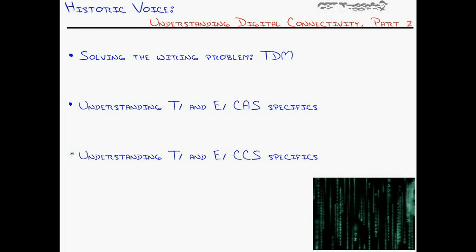So T1 and E1 CCS is probably the more common one in the voice world because it is the one that allows you to send more complex signaling types, giving you more flexibility and features that you can send using signaling information than we had in the T1 and E1 CAS world, dedicating either the 17th time slot in the E1 world or the 24th time slot in the T1 world just for signaling information.